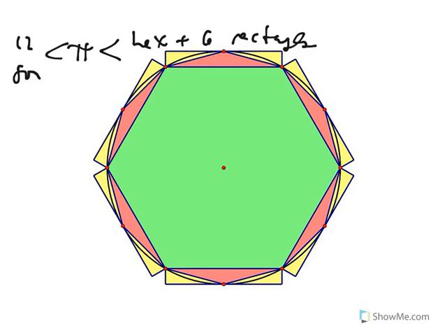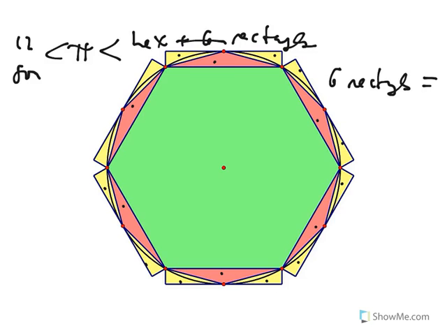So I want you to notice that each rectangle, 6 rectangles, is equal to 6 of these red triangles plus these 12 little yellow triangles.